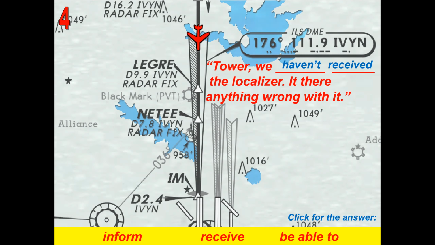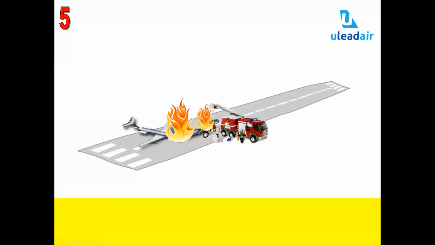Instead of saying we haven't received the localizer, what would you say normally? If you're not receiving it now, you would just simply say we are not receiving. Exactly. Sometimes they get a little carried away with all these verb conjugations. Sometimes simpler is much better and to the point.